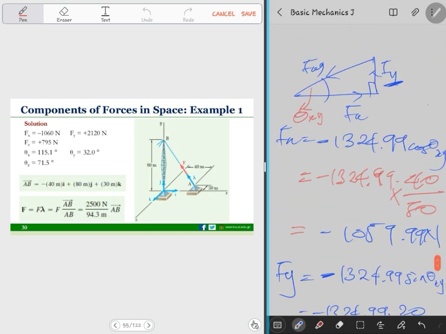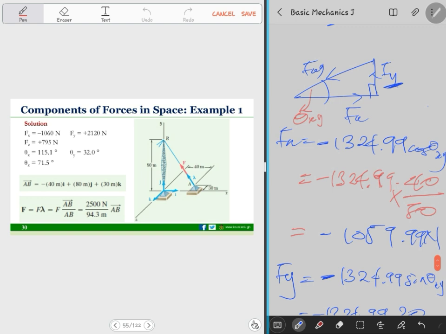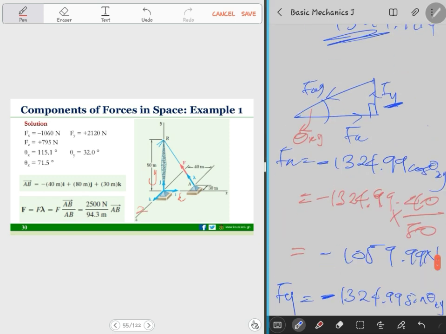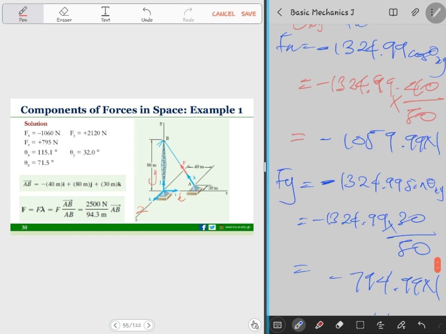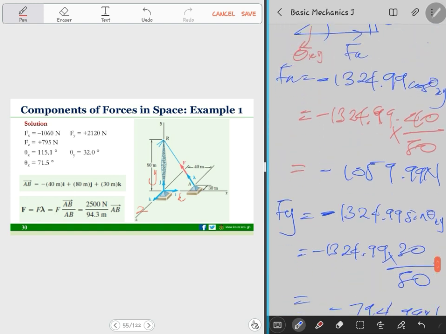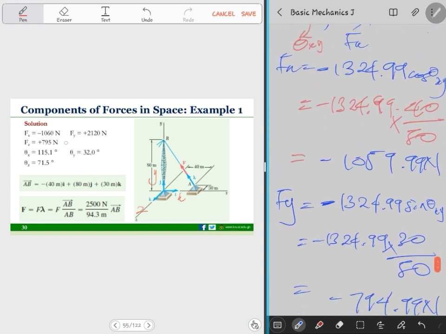Okay, so looking at how it is, their y is here, their x is here, and then their z is here. Then again, if we did it right, it's just the labeling that will change, right? So let's see, f of x. What did they get? Our f of x is in the same direction as theirs.